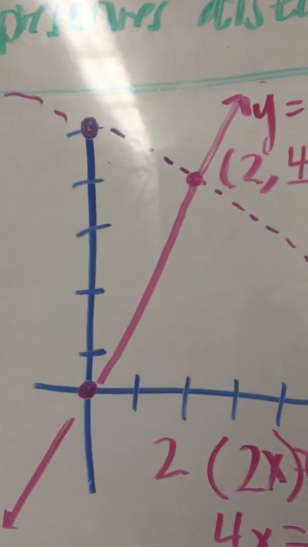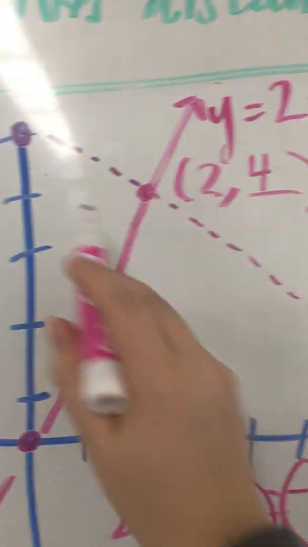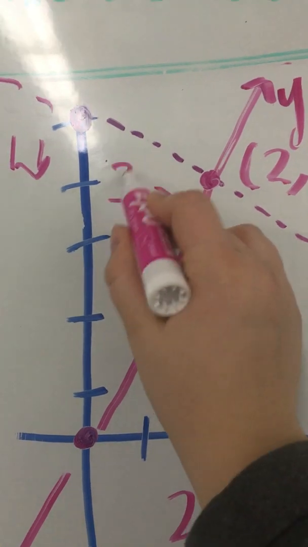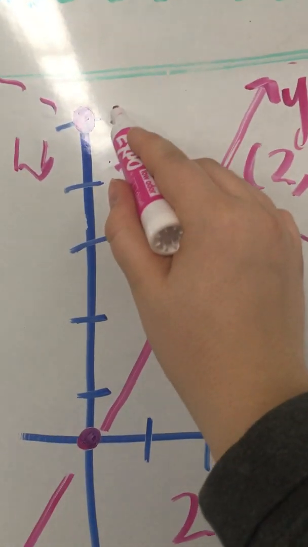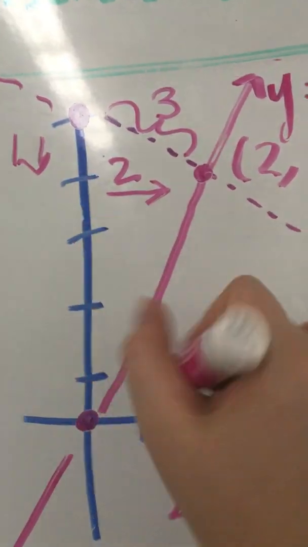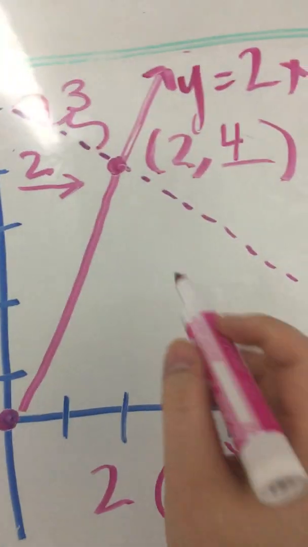From here on out, we can just measure. So to get from (0, 5) to (2, 4), you're going down 1 and over 2, giving this a distance of 3. Since it's a reflected point and it's the equal distance, we have to do the same on this side.